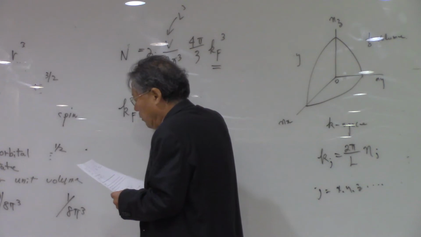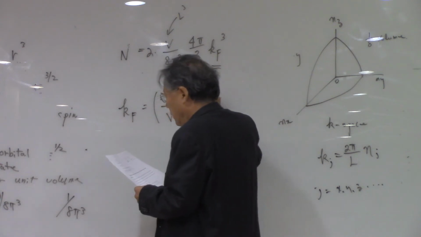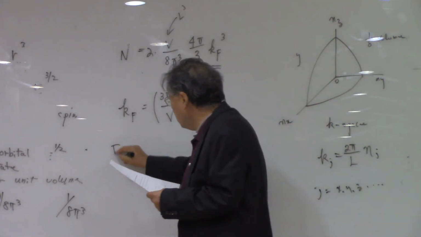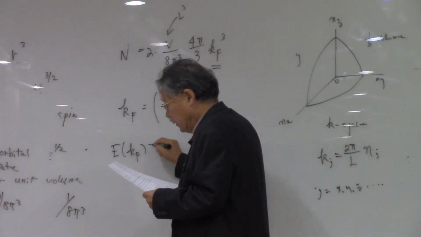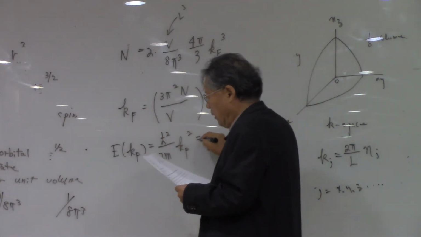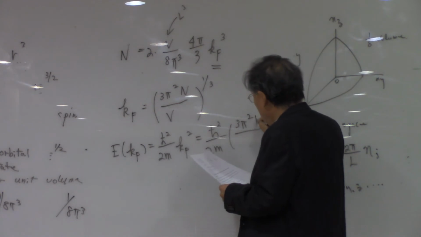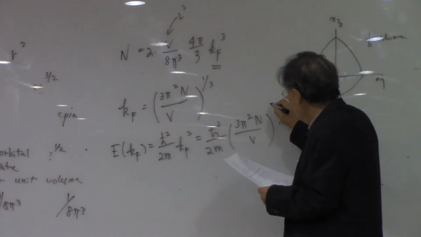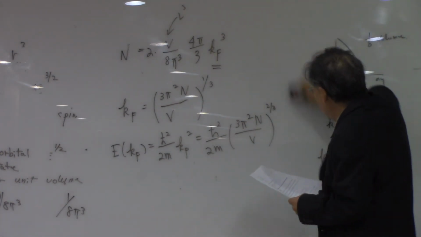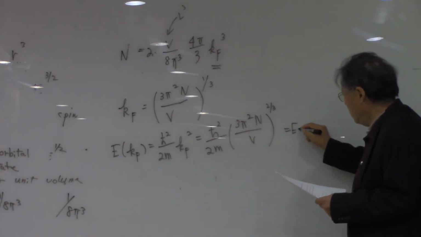And that is going to be 3 pi squared n to the one-third. The energy at the Fermi surface is going to be hbar squared kF squared over 2m, and that is hbar squared over 2m times (3 pi squared n) to the 2/3. And then we call this the Fermi energy.